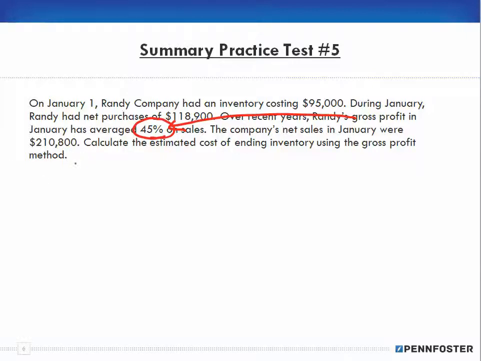Okay. So we have to calculate our goods available for sale. And to do that, we start out with our beginning inventory, which was January 1st of 95,000.